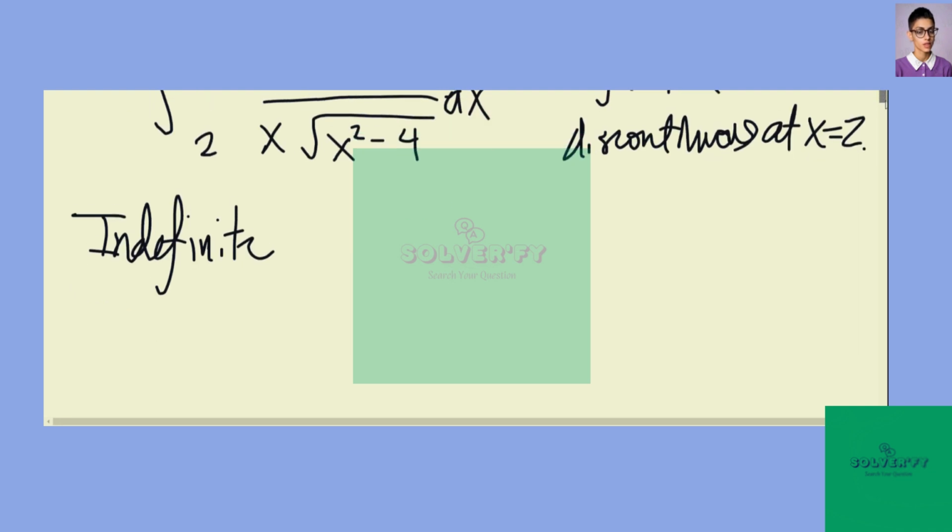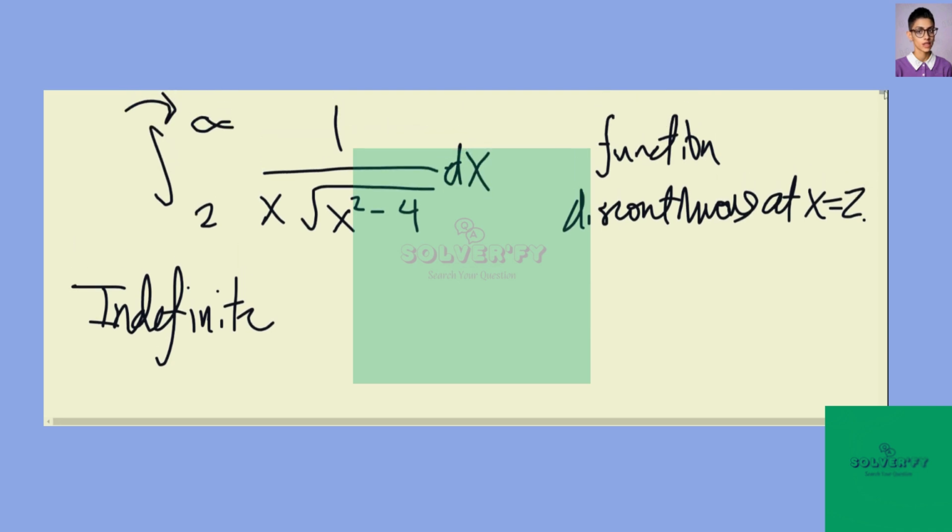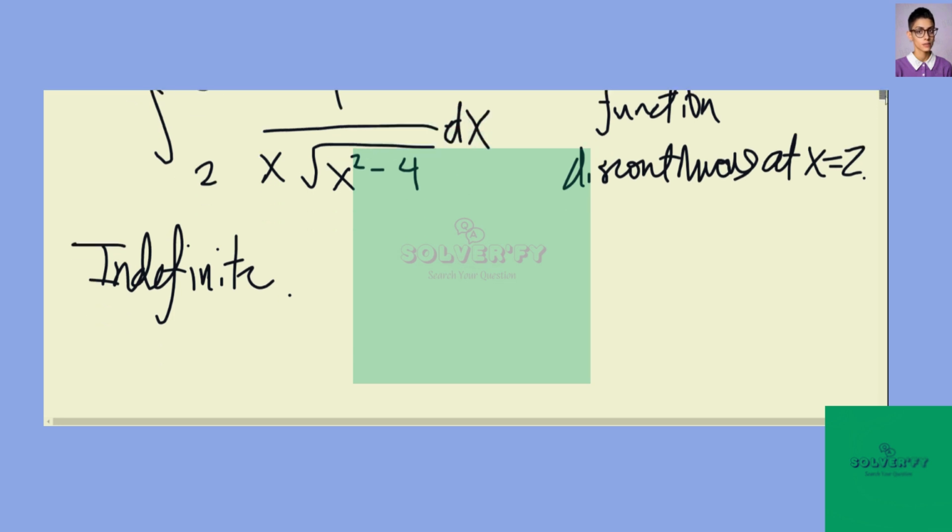So there's really 2 points of indefiniteness. However, we can evaluate this integral by writing it in 2 different methods. So first, we'll use a u substitution.